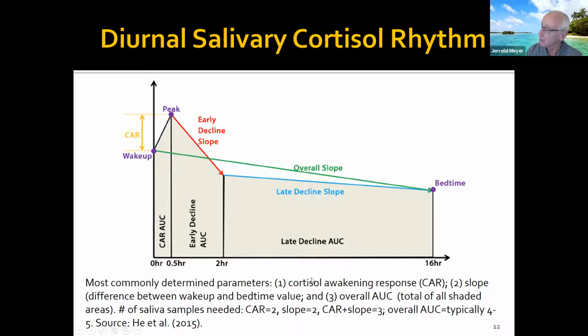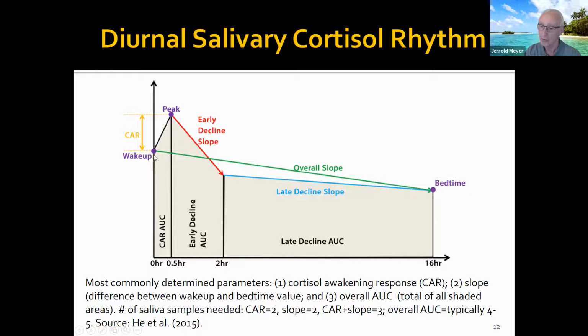And you can calculate various metrics for the HPA axis, this rhythm, from these various samples. So for the CAR, as I mentioned, it's this. There's a metric that we call the slope. The slope is the difference between wake up over here and bedtime.